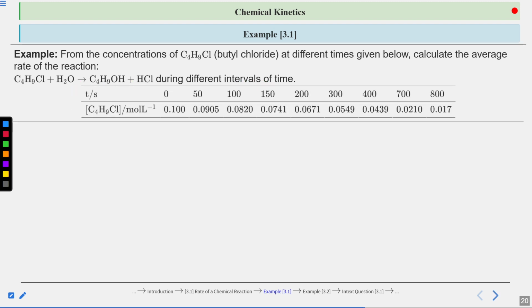So this is the provided data: the time in seconds is given as 0, 50, 100, 150, 200, 300, 400, 700, 800 seconds.